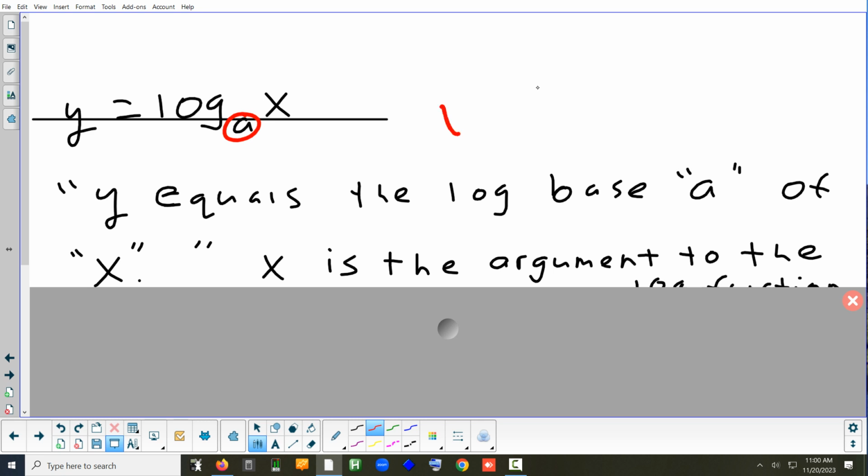Just like if you do this, if you change that number, it changes the kind of root that you're taking. This is a cube root. That's a fourth root. Well, that's a log with a base of 5. That's a log with a base of 7. It's similar to cube root and fourth root. It's still a log. It's just a different type of log, just like those are different types of roots.